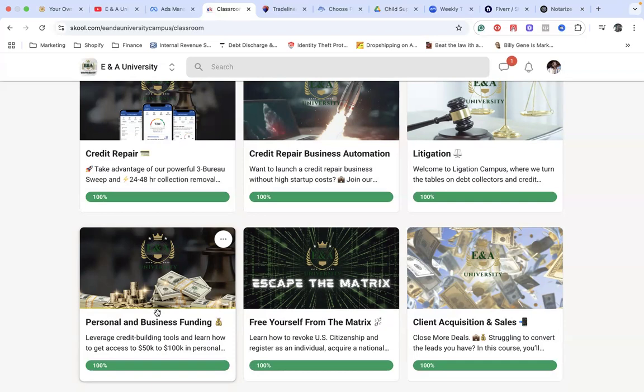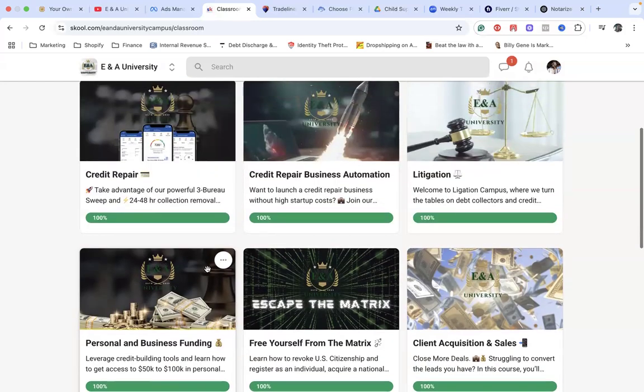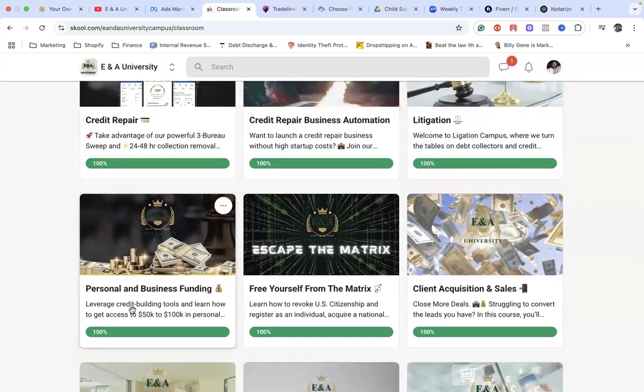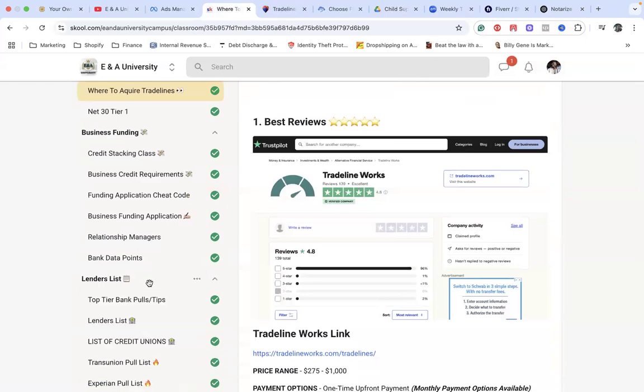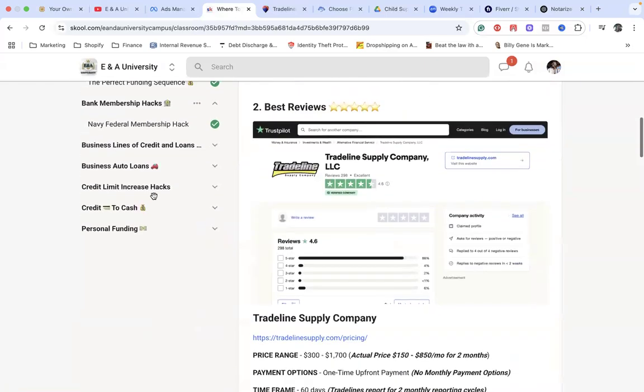I like to be thorough with it because what I've noticed trying to learn from individuals on the internet is that I've spent thousands of dollars on mentorships, and they don't actually, one, simplify it, and two, a lot of it's fluff. Like the information I share in the business funding campus, people will pay a $10,000 mentorship just to get this info.